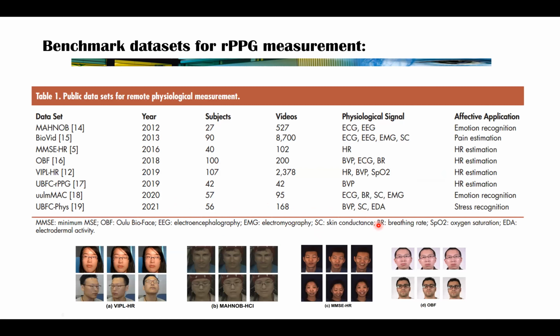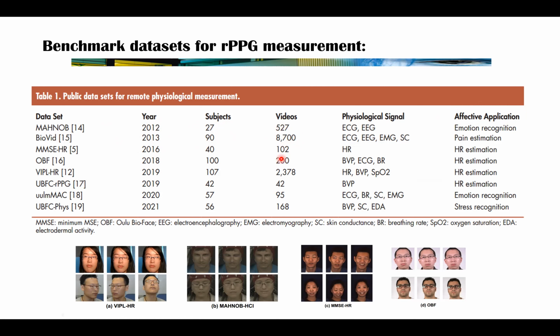We also introduce the current datasets for rPPG measurement, especially marking them with their applications. In the early years, the subject number in these datasets was usually very small, and the video number is also small because the videos are very short, so it's unfair to compare with other datasets.